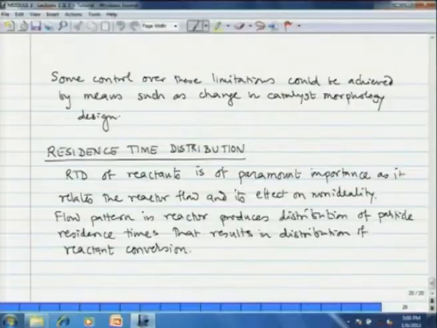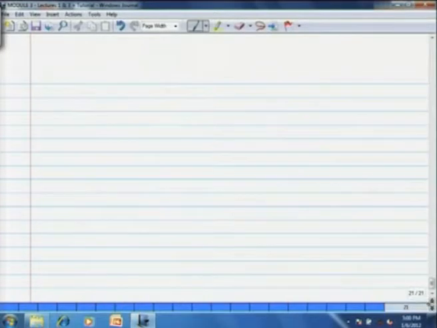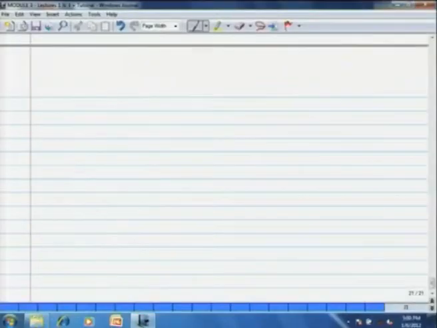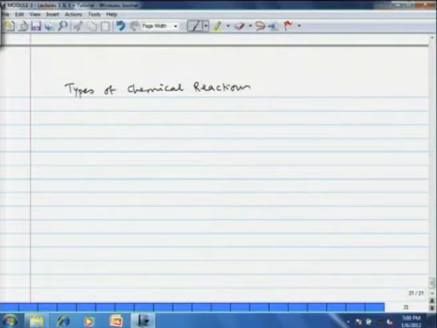Now, let us see a major aspect of reactor design, that is the type of chemical reaction. Generalizing the various types of chemical reactions, the first category is that of elementary reactions.